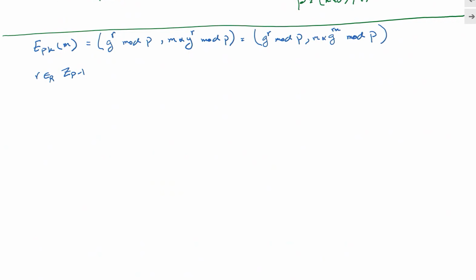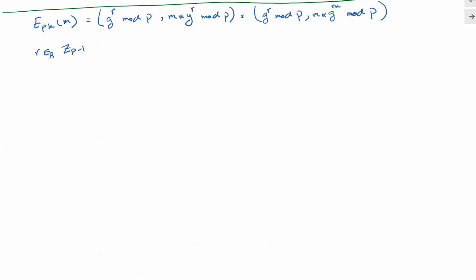It is interesting that we are computing these values and then sending them over as the ciphertext. But the question is, does it really hide my message? Because I'm just multiplying my message by this value, which I randomized. And the answer is yes, because since R is random, g to the R mod p is also random.